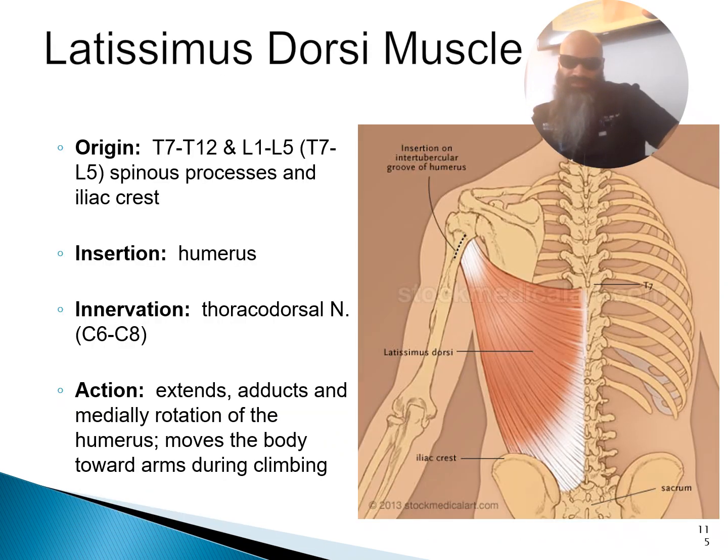Latissimus dorsi. This guy has a pretty broad origin. He's anchoring off of T7 through T12 and L1 through L5, so basically T7 through L5, the spinous processes, which are directly facing posteriorly. And then this portion here, I'm missing part of my iliac crest, but here is the iliac crest.